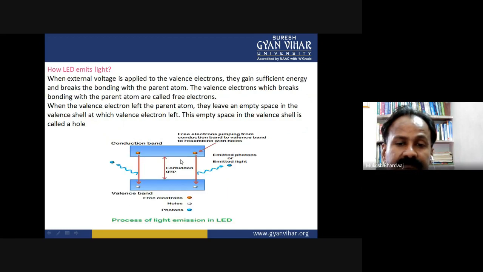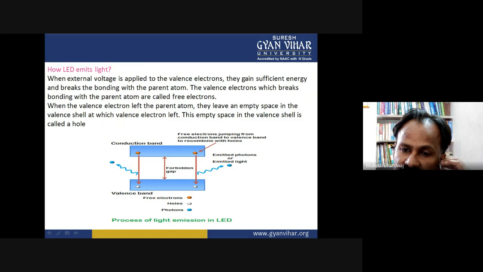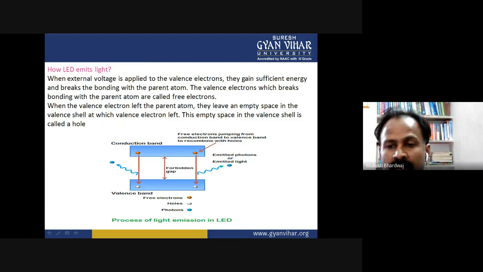How does an LED emit light? When external voltage is applied to the valence electrons, they gain sufficient energy and break the bonding with the parent atom.